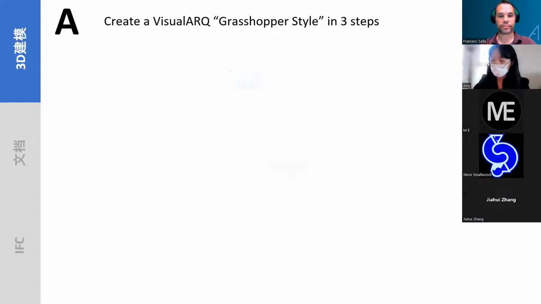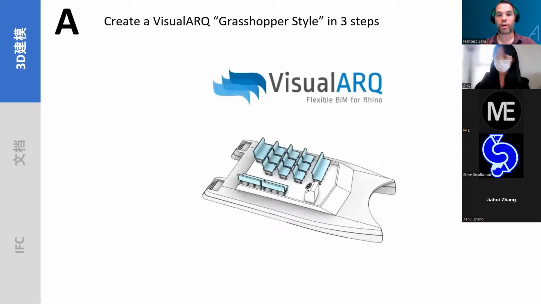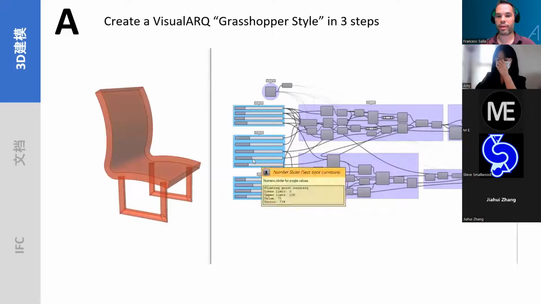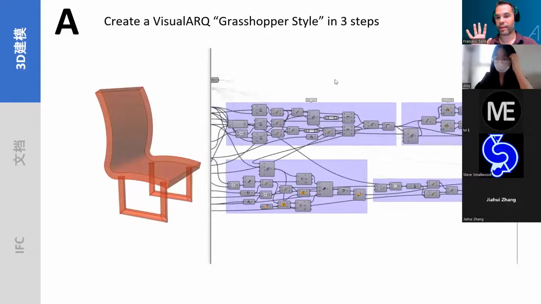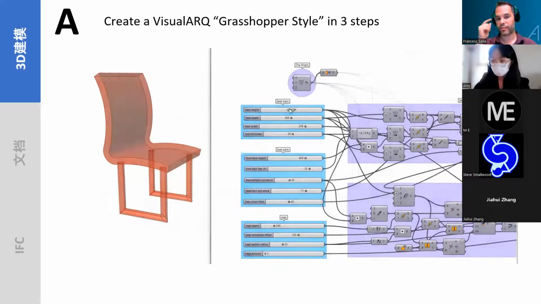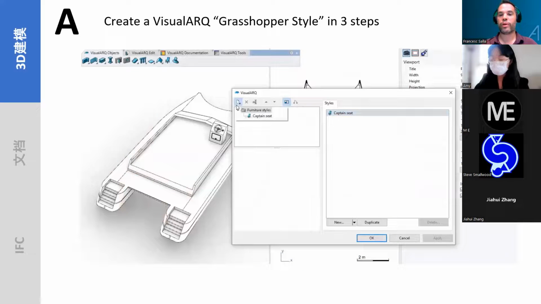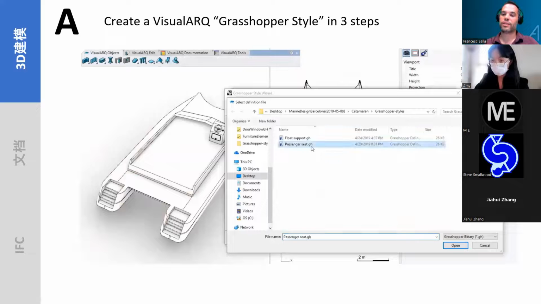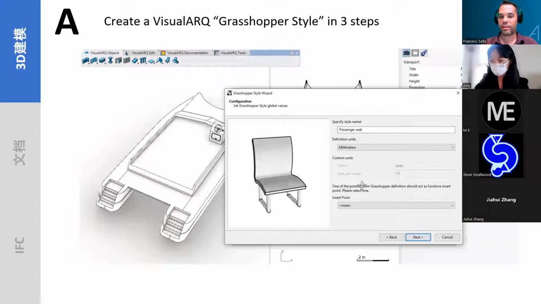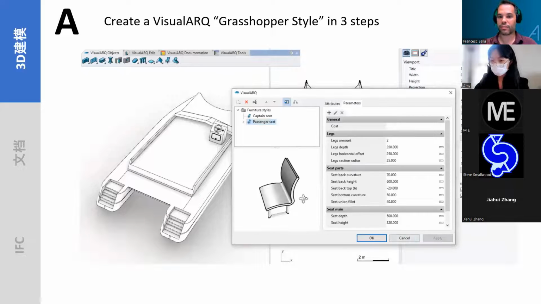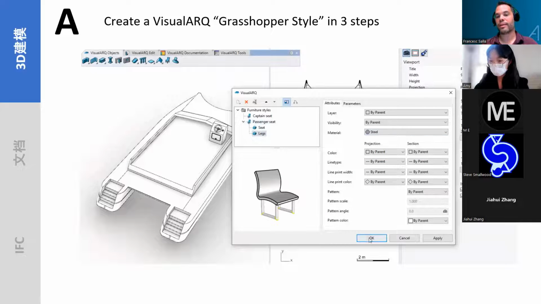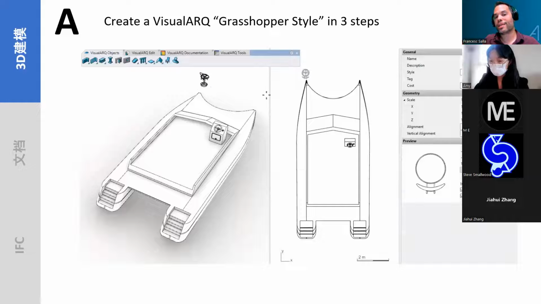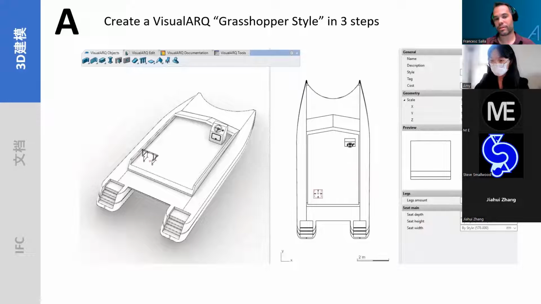So I'm going to show very quickly how this works. We have a Grasshopper definition with a list of input values, and we create a new style using this Grasshopper file. We set the new style, we want to edit the parameters, and finally we've got an object in the model that is using this Grasshopper definition in the background.